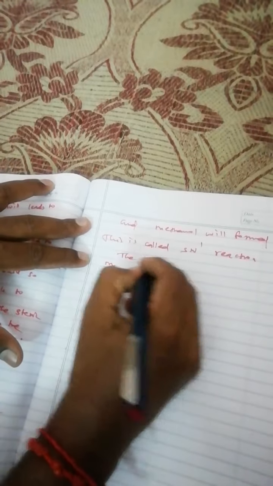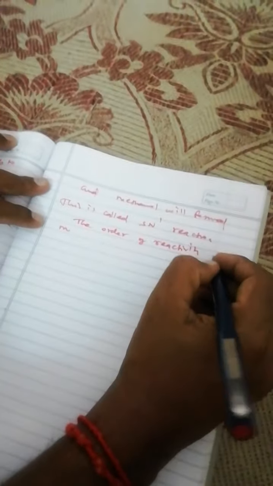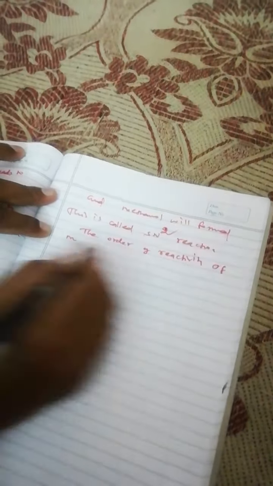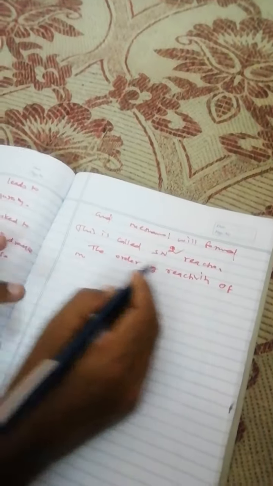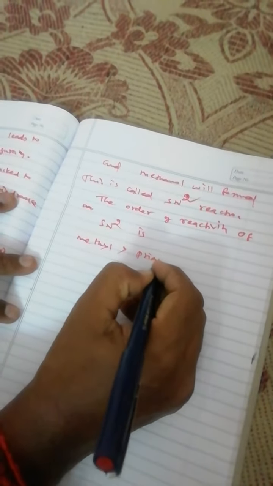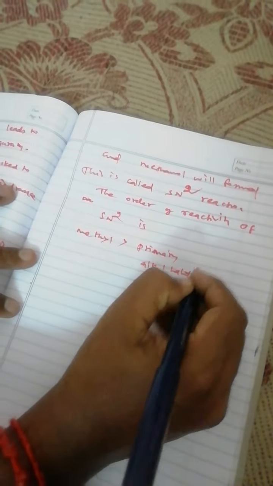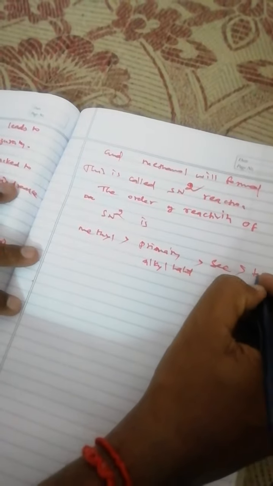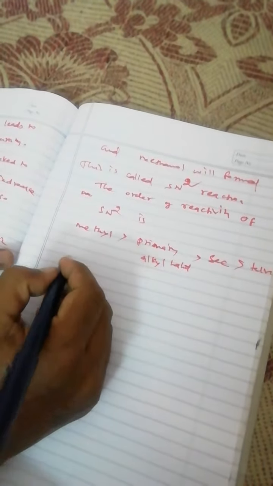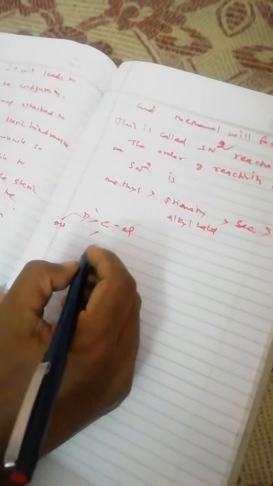The order of reactivity is like this. Sorry, this is the order of reactivity of the SN2 reaction: methyl greater than primary alkyl halide, greater than secondary, greater than tertiary. Example, methyl: the OH group easily attacks the methyl group.